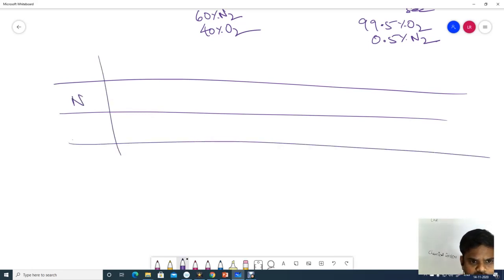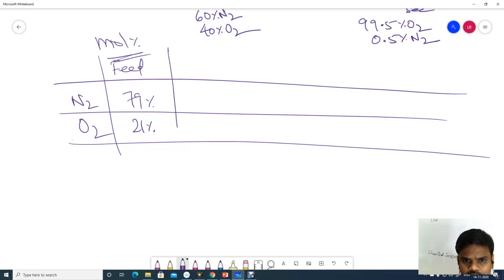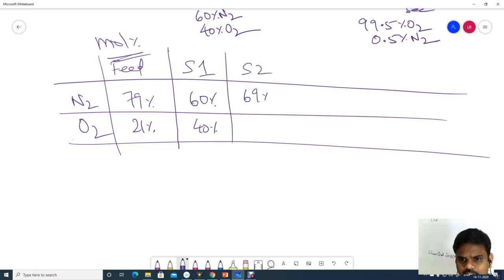Okay, so we have nitrogen and oxygen present in the feed. Just now I wrote it, right? 79% nitrogen, 21% oxygen, all in mole percentage. That is the composition. Stream 1 data is given, 60% and 40%, and stream 2 is 96% and 4%, right? Then we have the oxygen product stream.